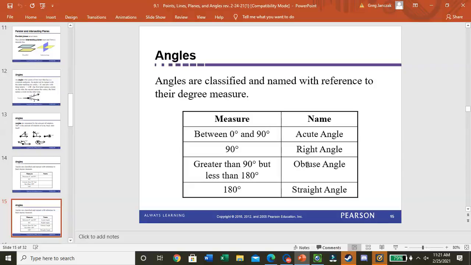Anything before 90 degrees is considered an acute angle.